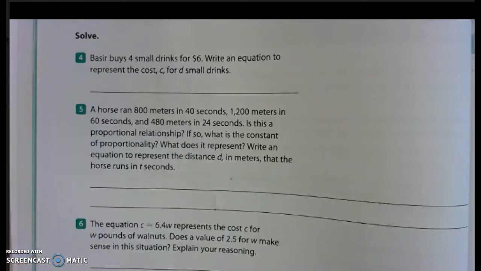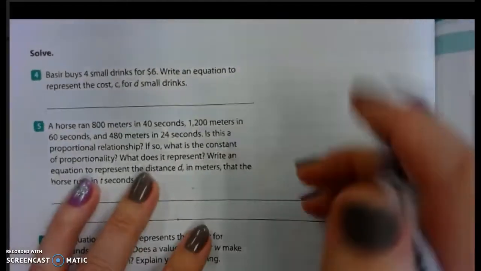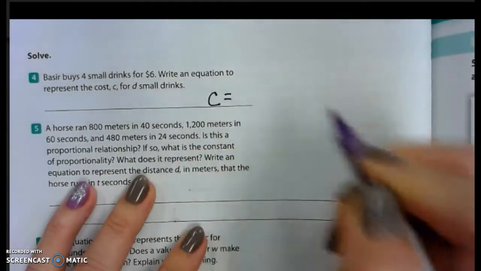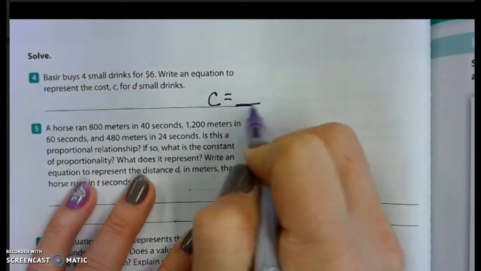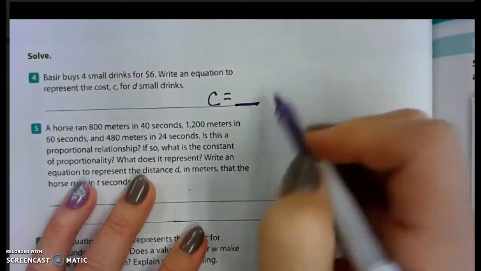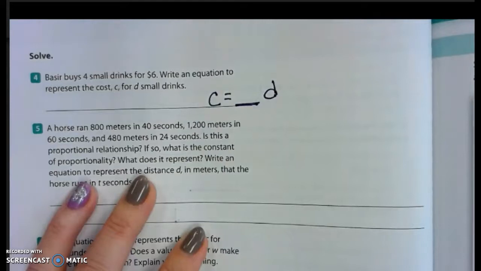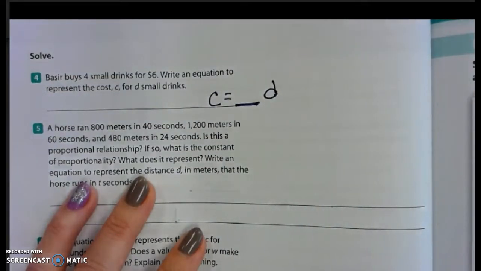Number 4 says Basir buys 4 small drinks for $6. Write an equation to represent the cost C for D drinks. Now, the total cost will be equal to a constant of proportionality times the number of drinks we buy. Now, the constant of proportionality is the unit rate.